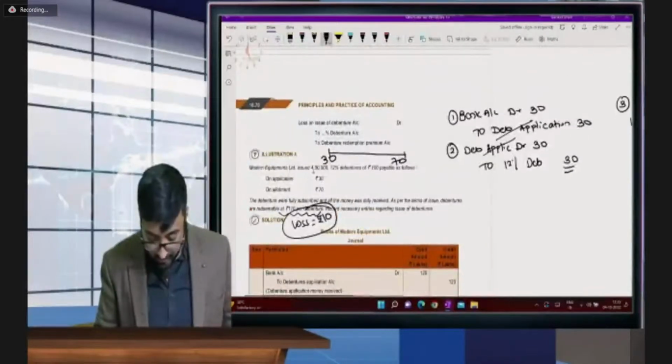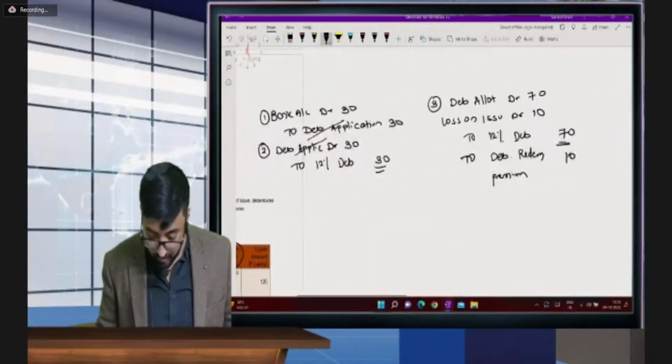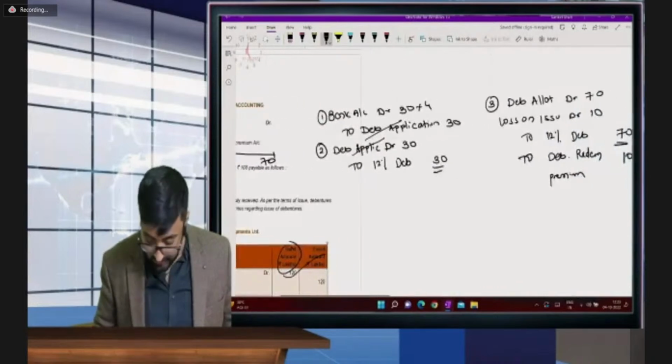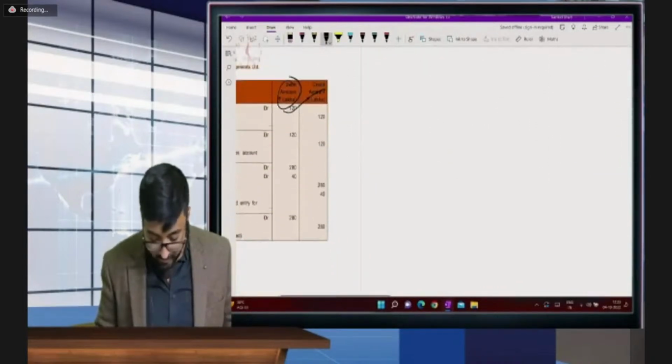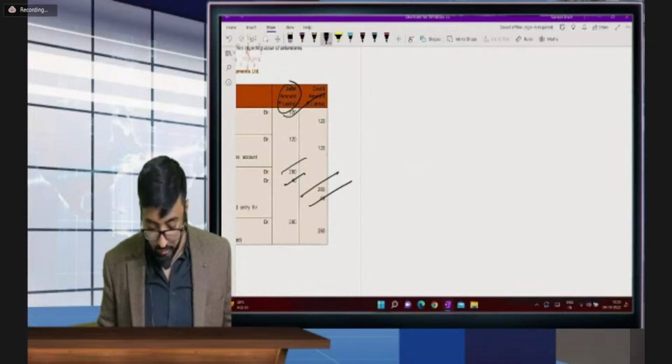Then just multiply by rupees in lakhs. So multiplied by 4, 13 to 4, 120. Yes. 17 to 4, 280. 40, 280, 40.